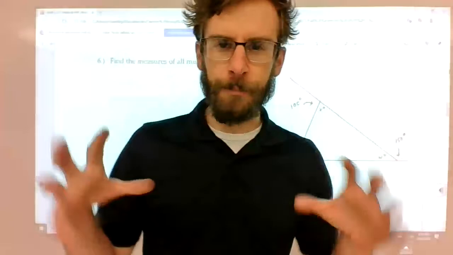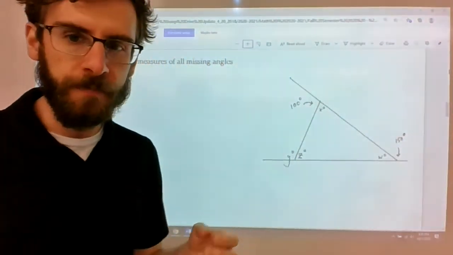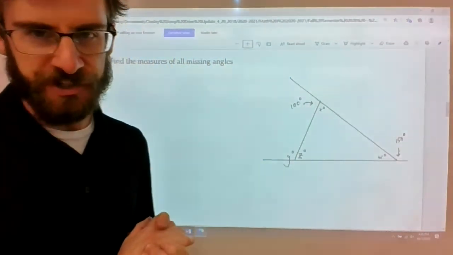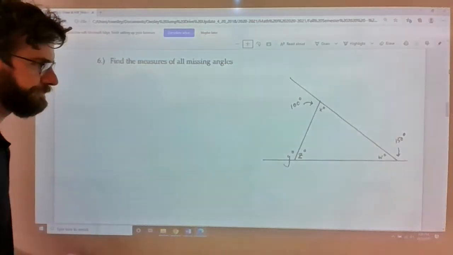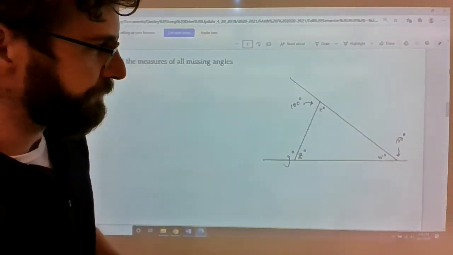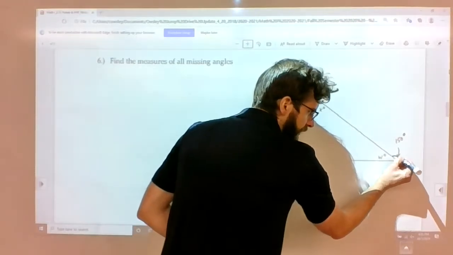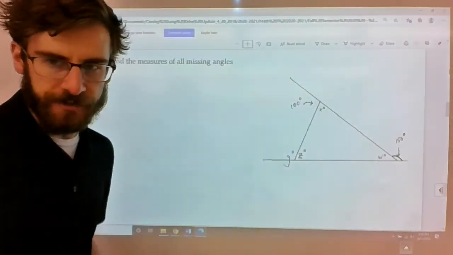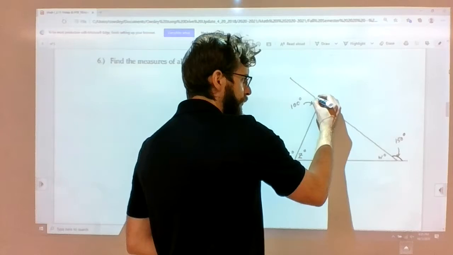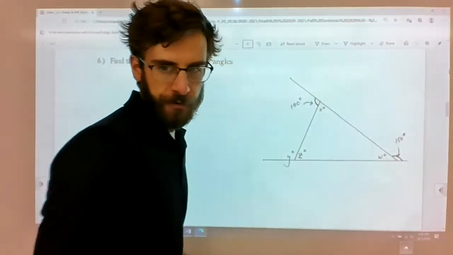All right, so this is just kind of bringing everything together. We have a triangle and some other angles that are just kind of being thrown around. So what we know for sure is that this angle right here is 150 degrees, and this angle right there is 100 degrees.